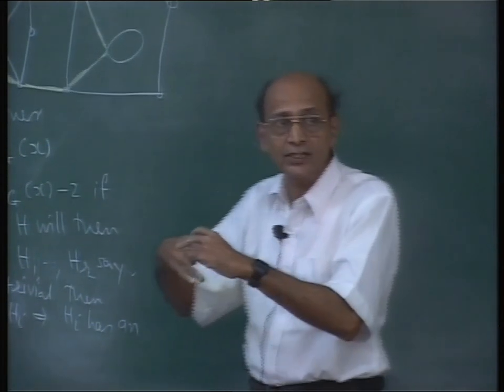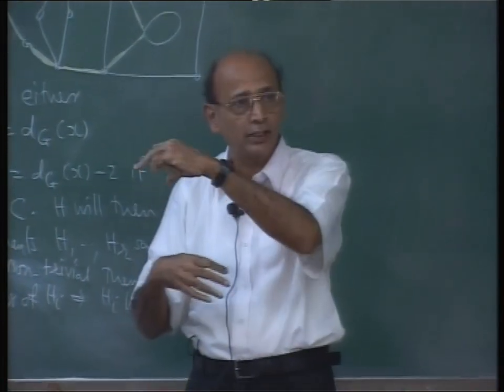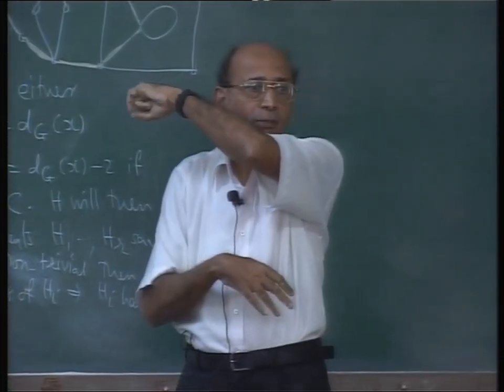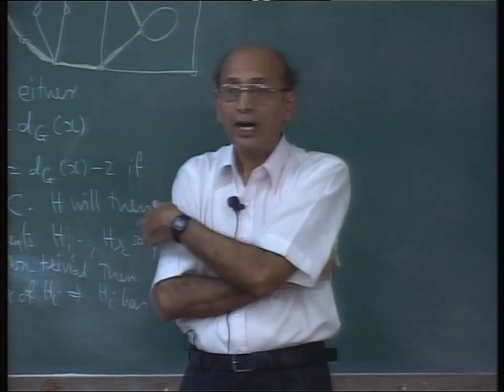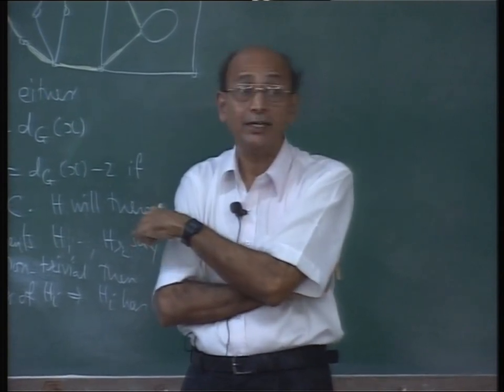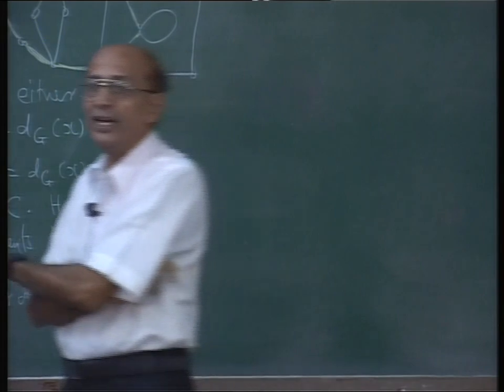All these Eulerian circuits, I want to stick them together to form an Eulerian circuit for the big graph. Okay. How do I know that Hi has an Eulerian circuit? Induction. That's exactly where I've used induction.